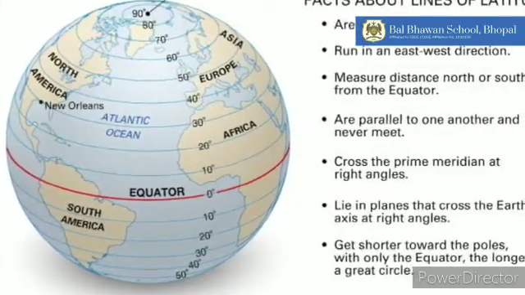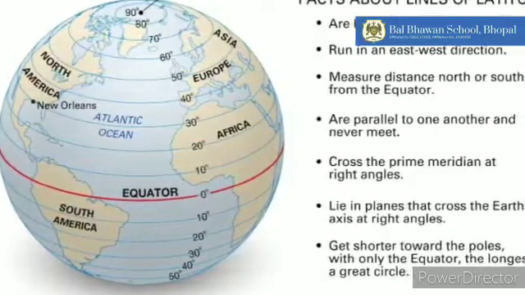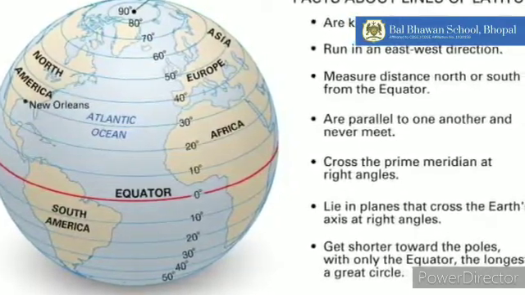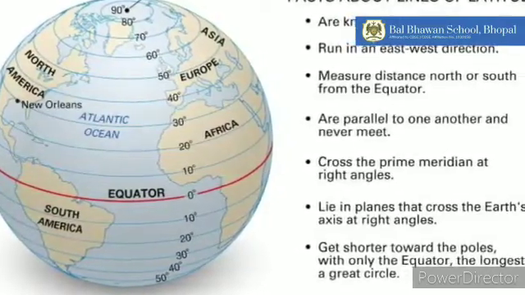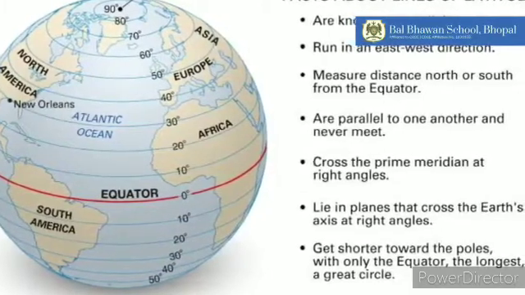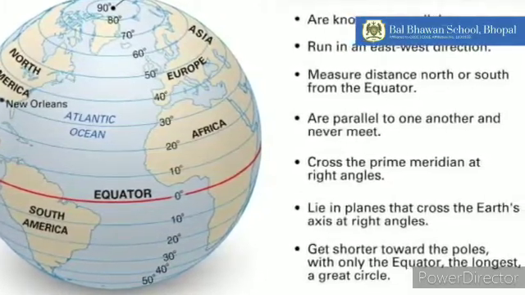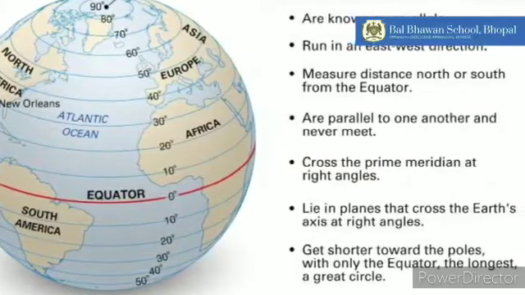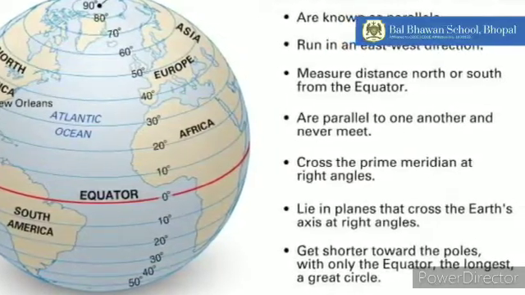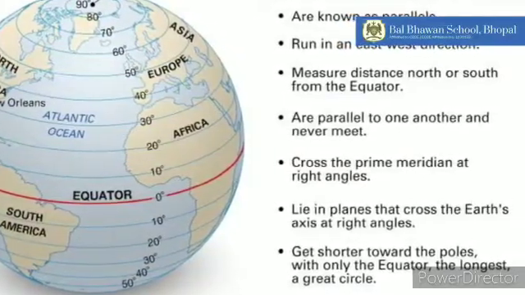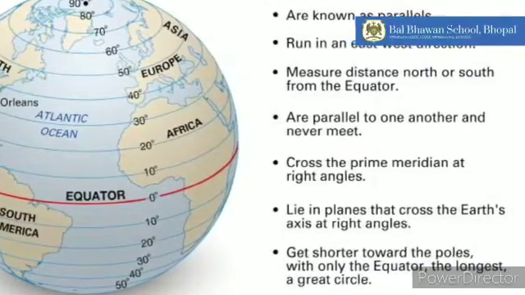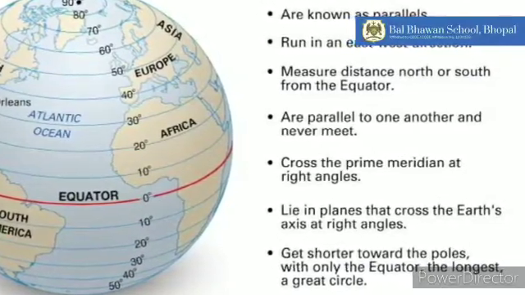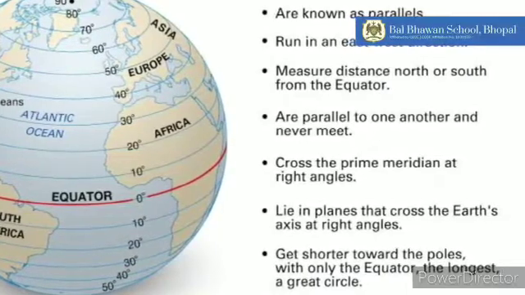As such, parallels are a set of circles which are drawn on the surface of the globe. These circles run from east to west and they are called the lines of latitude. So what is the other name for parallels? The lines of latitude. Very good students.